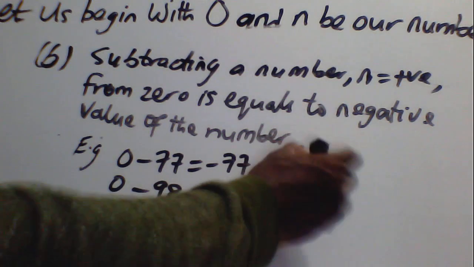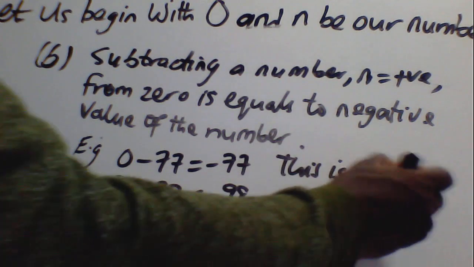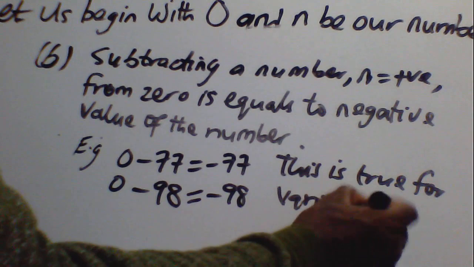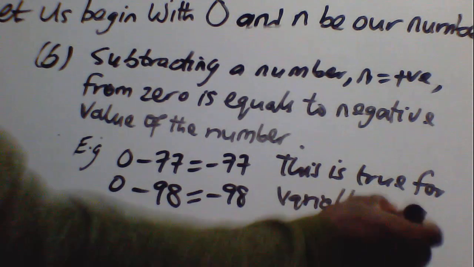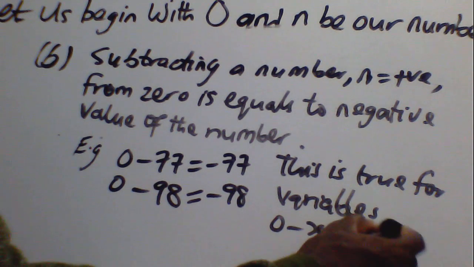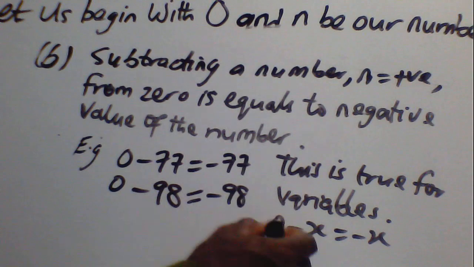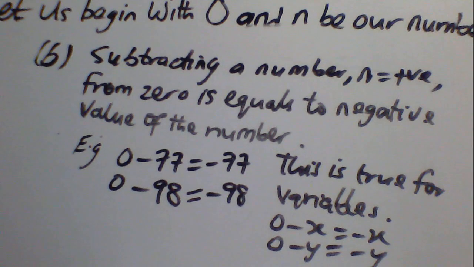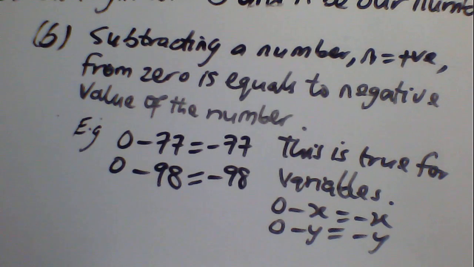And this is true for variables. So example, 0 minus x is equal to minus x. 0 minus y is equal to minus y. So such a concept also obeys the laws of variables.